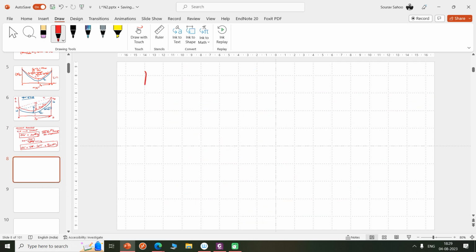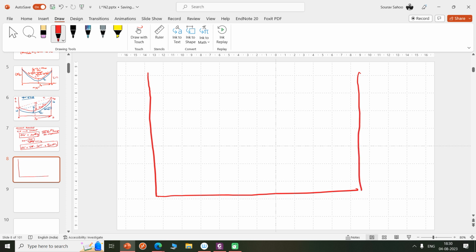Now extending this, we have seen how the chemical potential will actually look like in the graph, right? So if you have A here and if you have B here, the fraction of B increases this way. So there is this GA and there is GB, let's say here.